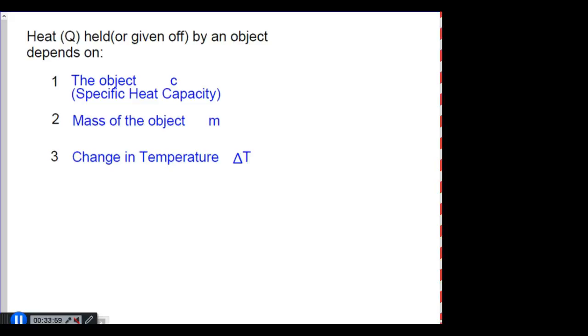If you take a look at the table that I've just given you, there are 2 pages. On the front side, we have different information for specific elements that we're going to be using. We're interested in the last column on that table, where it says specific heat capacity.